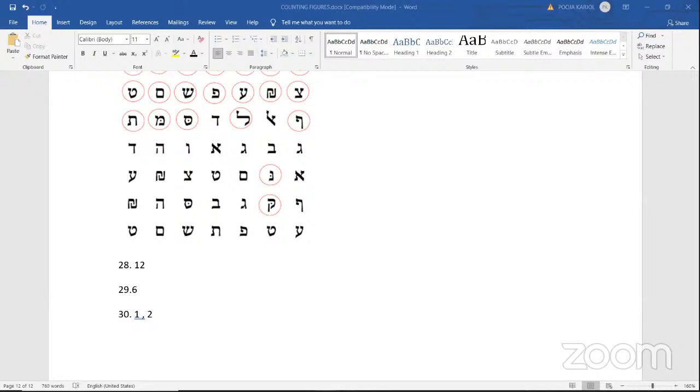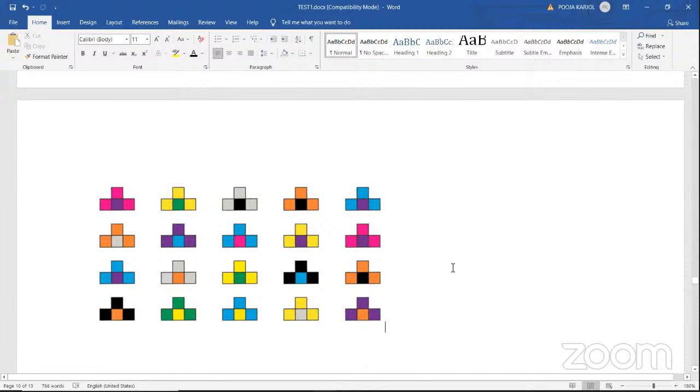Ma'am, explain the 28th question. All right, the answer for this is 12. See how you can approach it; this is another way, I'm not saying you should do it this way only. In the first one, you can see pink is here also, and the middle part matches, so it's repeated. Ma'am, we can't see the slide. Oh, you can't see this. Can you see now? Yes, ma'am. Okay, sorry.